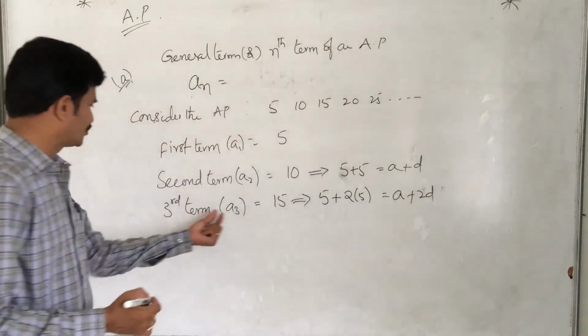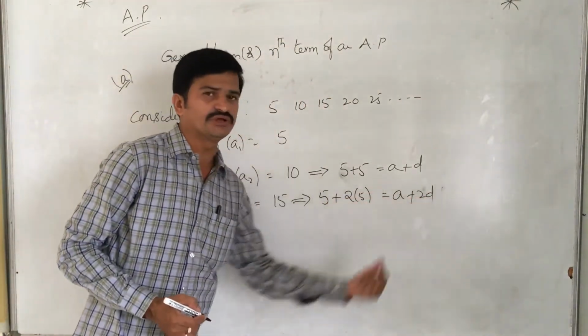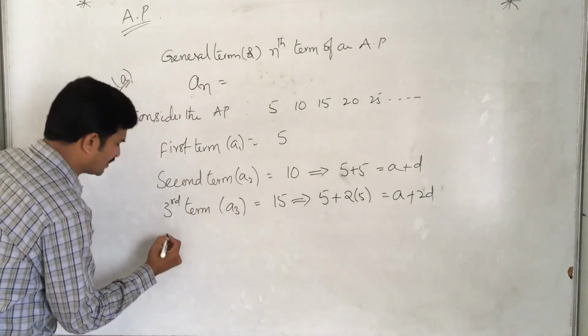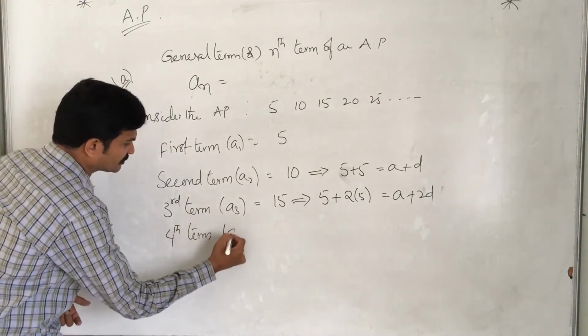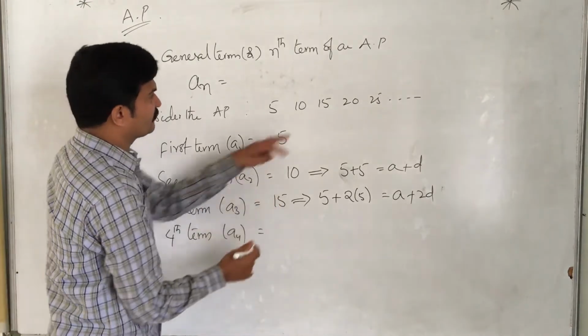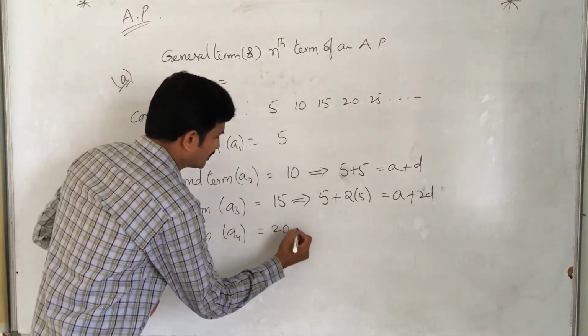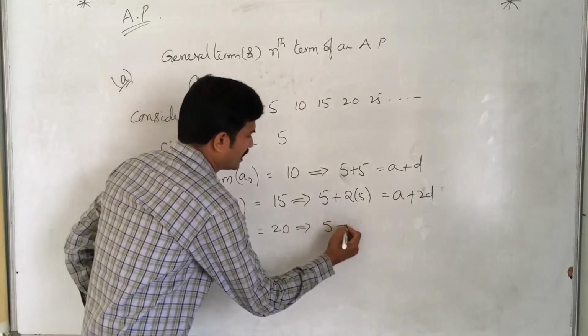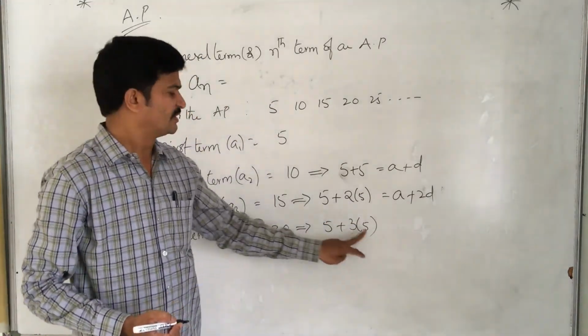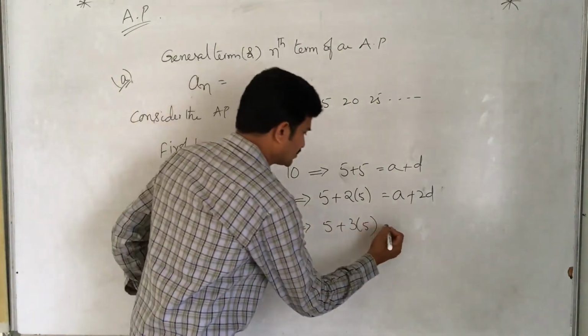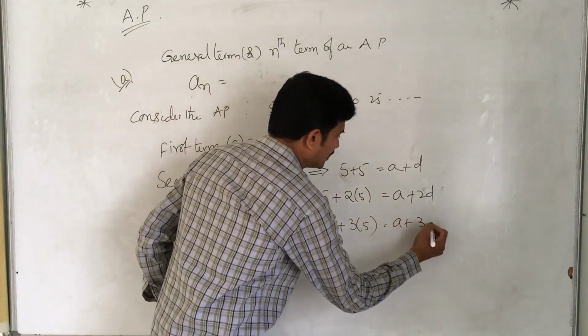So A3 is A plus 2D. In the same way, write two more terms. What is the fourth term here? The fourth term is 20. This 20 can be written as 5 plus 3 into 5, because 5 plus 15 is 20. So that is A plus 3D.